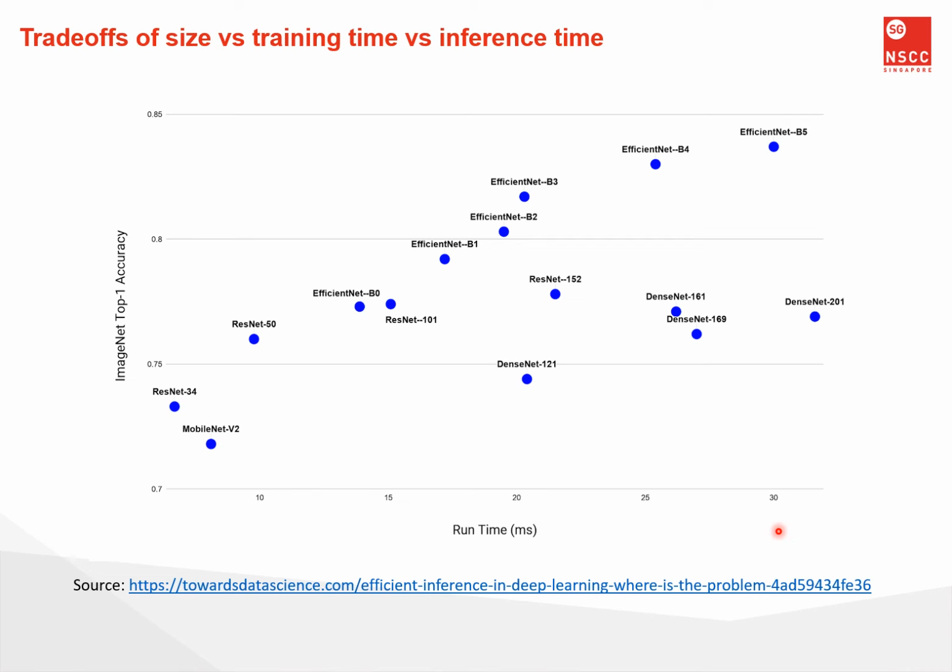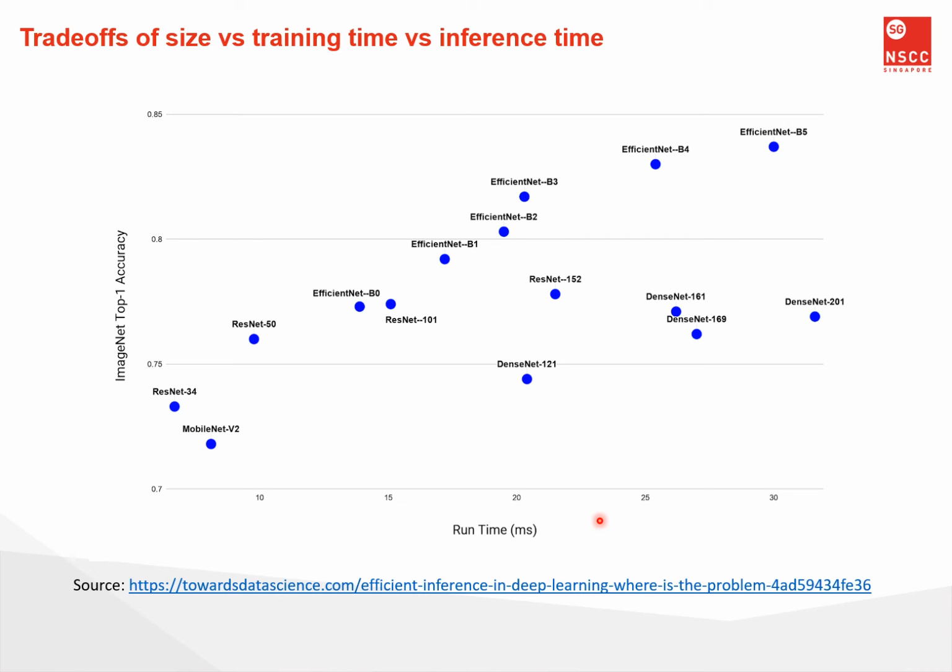This is different from the training time, because for training time, we're talking about the total amount of computations you need in order to train a particular neural network. This is for prediction, or inference: how many milliseconds it takes to run one single inference from your data.